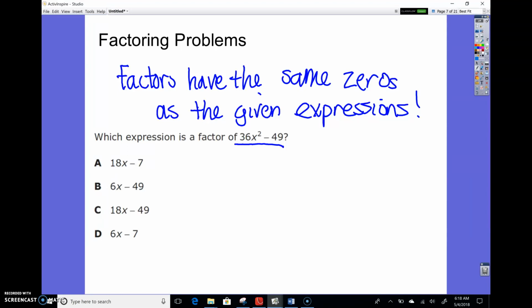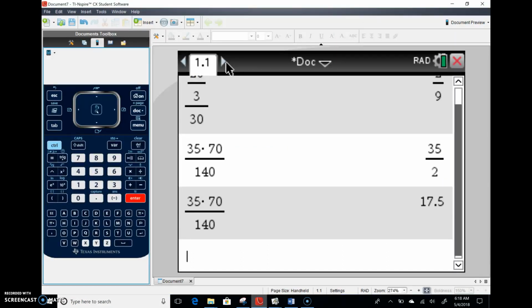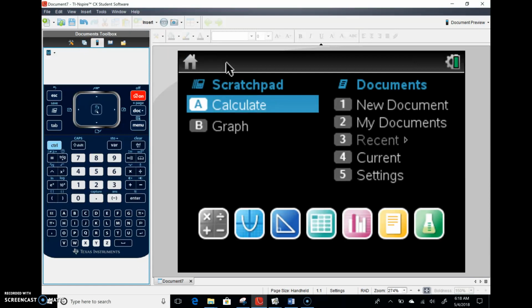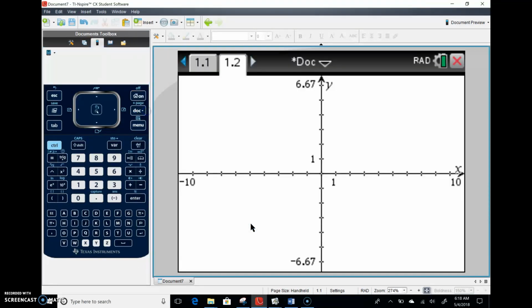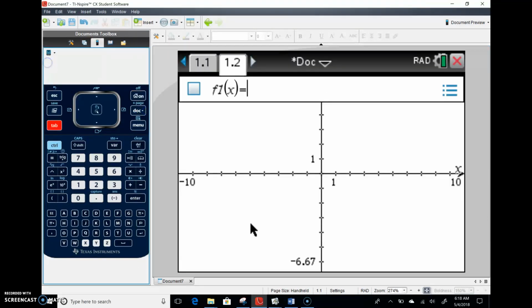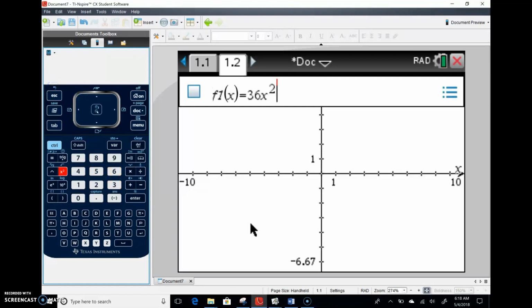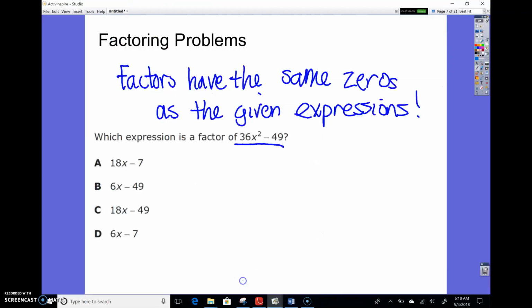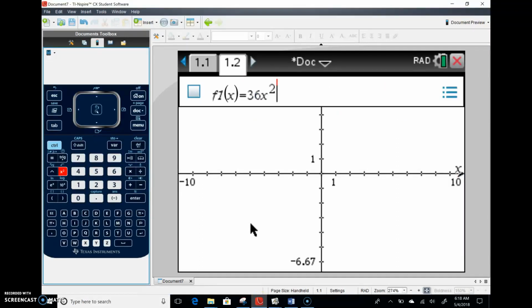Okay, so let's start off with, I'm going to add a graph. Tab. 36x squared minus 49.